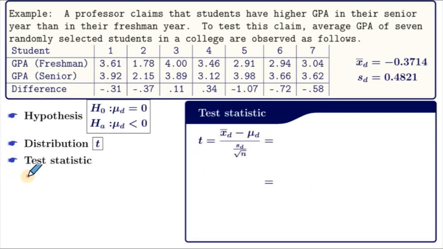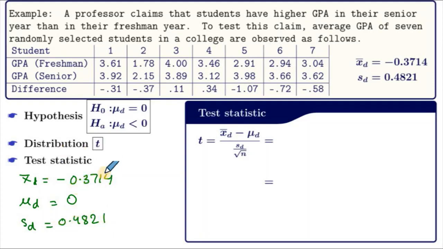Our mean is negative 0.3714. Mean in the null hypothesis is 0 and standard deviation is 0.4821. Now let's substitute these values in this formula here.